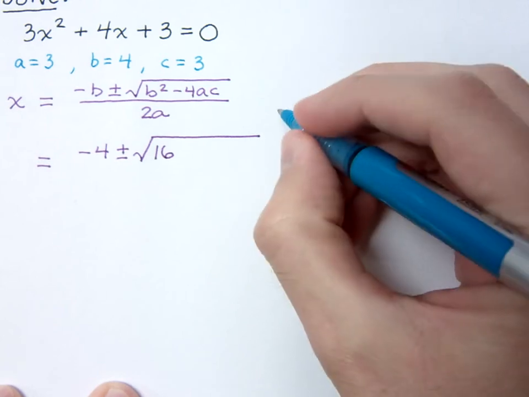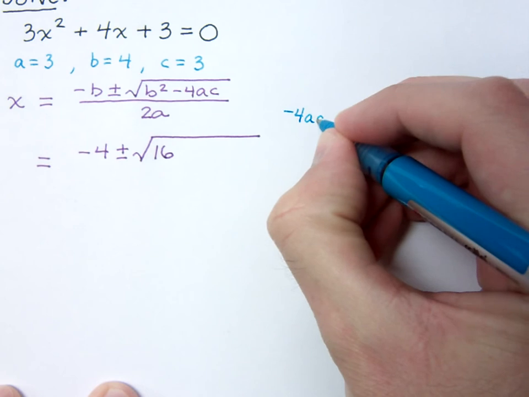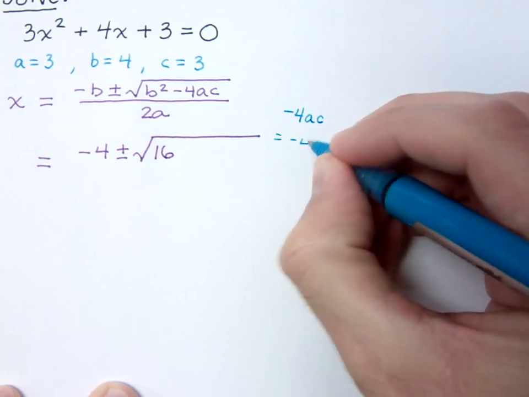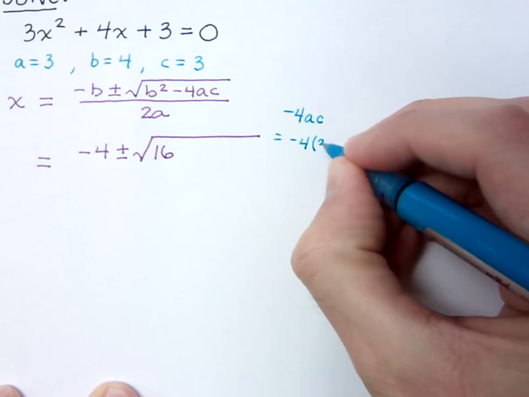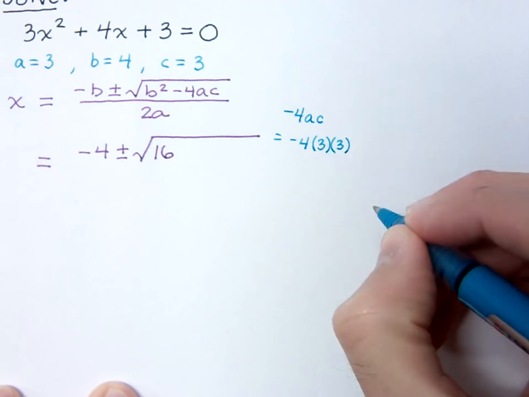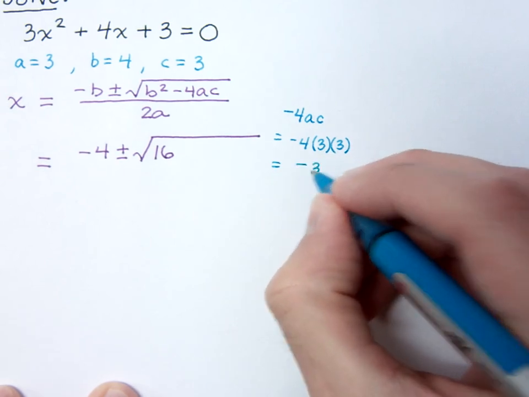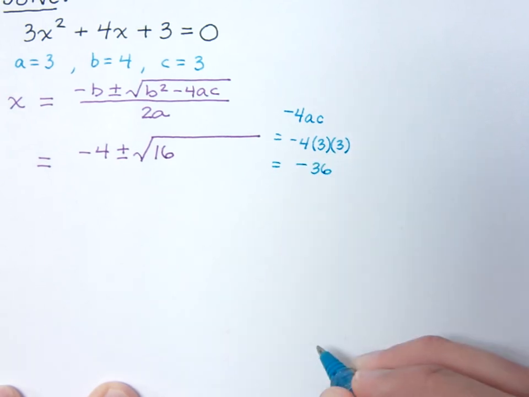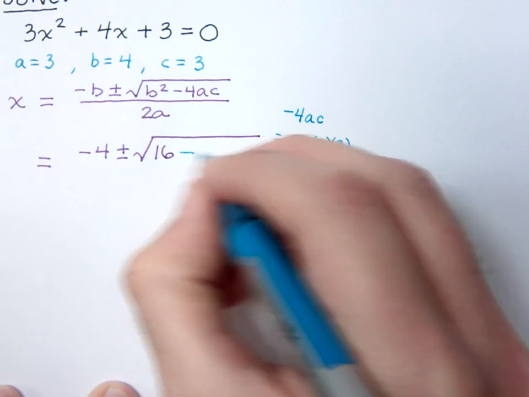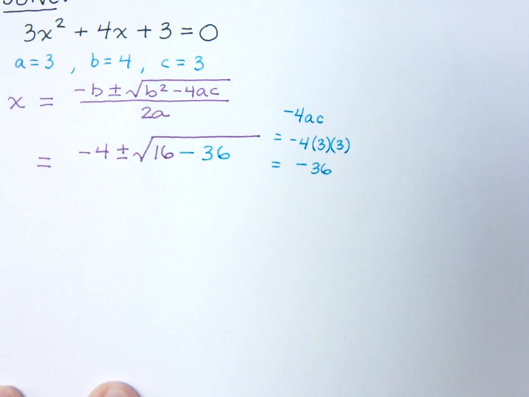So, off here on the side, -4 times a times c, so that's -4 times a, which is 3, times c, which is, again, 3. And -4 times 3 times 3 gives you -36. So minus 36 is what goes inside the radical for that minus 4ac.